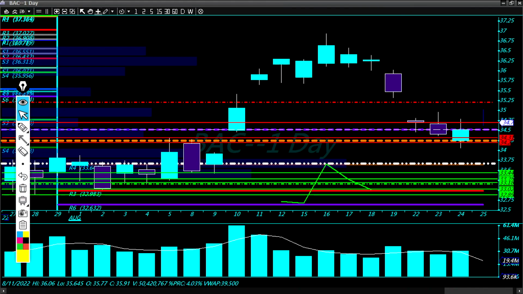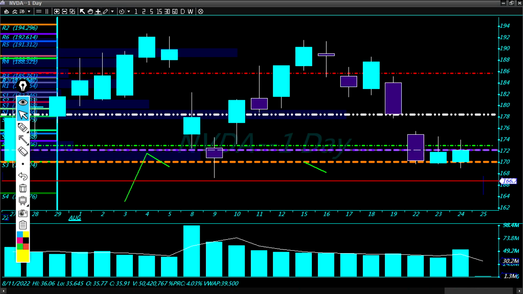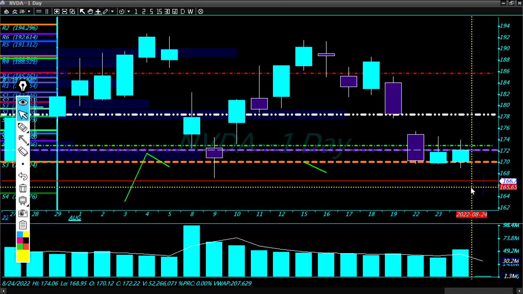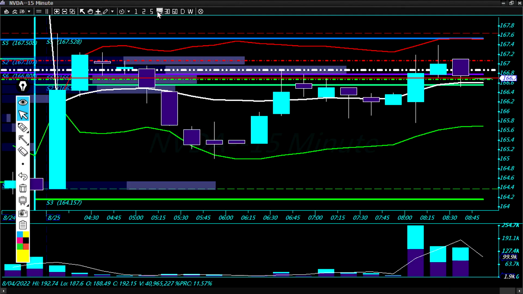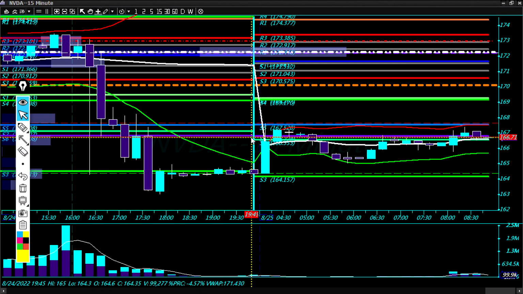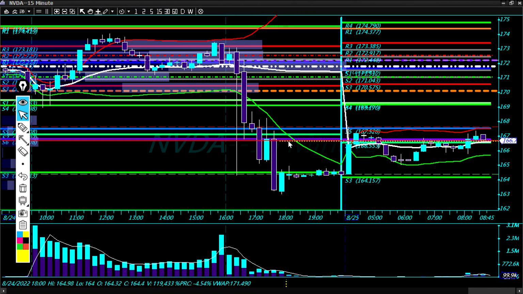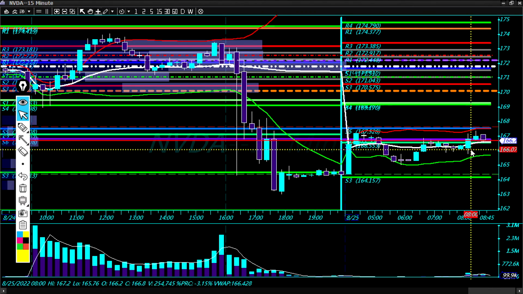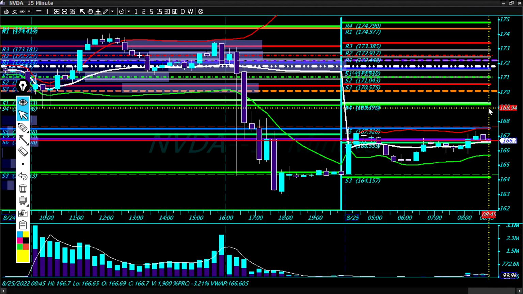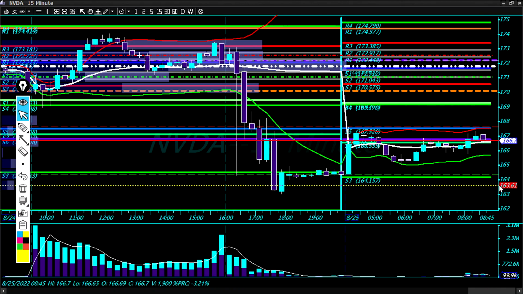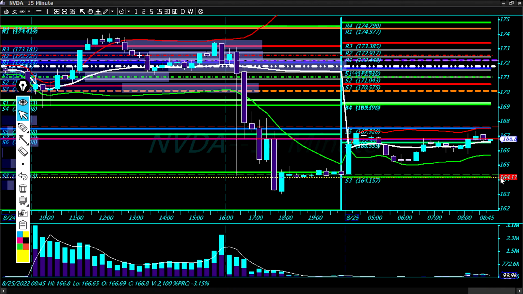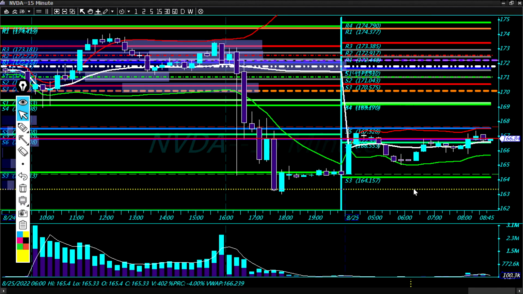Let's see here. Let's go to Nvidia. Nvidia is gapping down. Let's go to the 15-minute chart. Wow, it's looking like a Papa Bear setup. If the stock market pulls back, we might get a retest of S4 169 and then pull back again to maybe 164, the pre-market low.